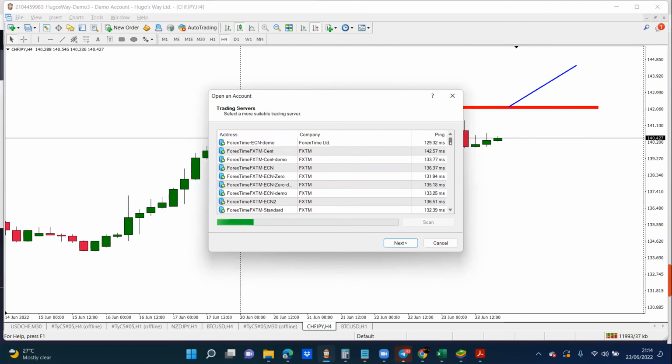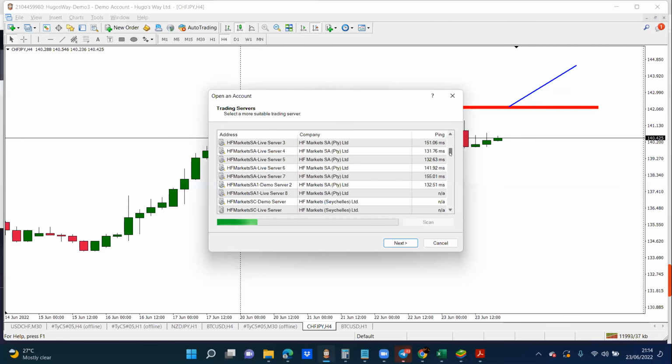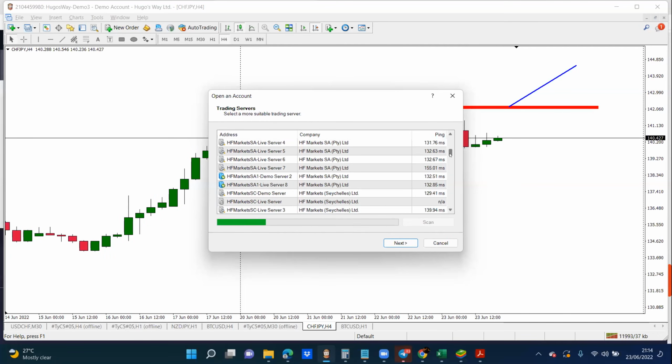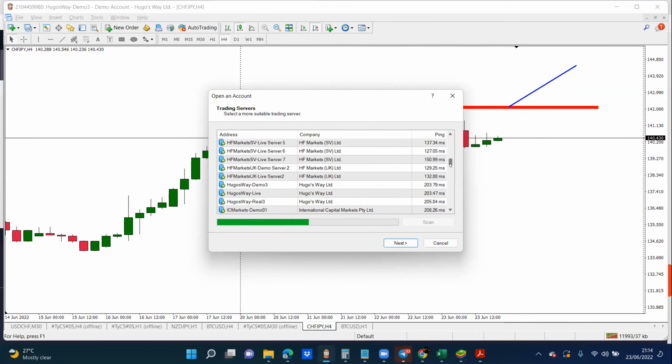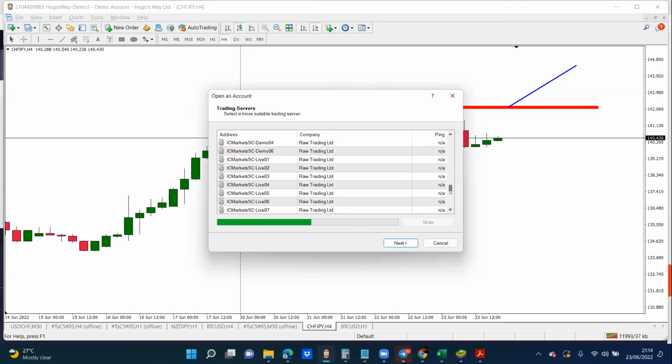For more advanced traders, you don't need to have different MT4s on your desktop or your Windows. You could use one MT4 and just call up others. So let's see, I have HF here, I have Forex Time, I have IC Markets, I have Hugo's Way.